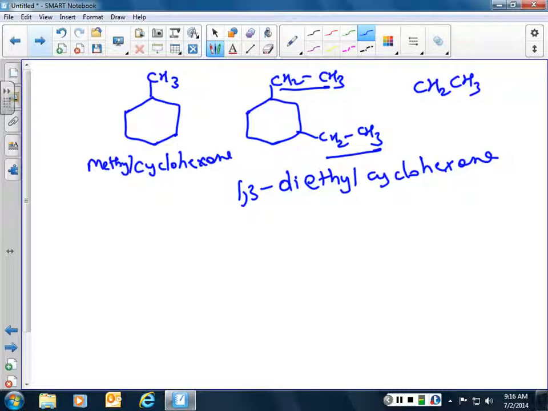Correct. Hydrogen forms how many bonds? 1. So if I have a carbon-carbon double bond, what do you call it? Alkene. Correct. A carbon-carbon triple bond? Alkyne. A carbon-carbon single bond, alkane. If you have a benzene ring, what is that family called? Aromatic. Exactly.